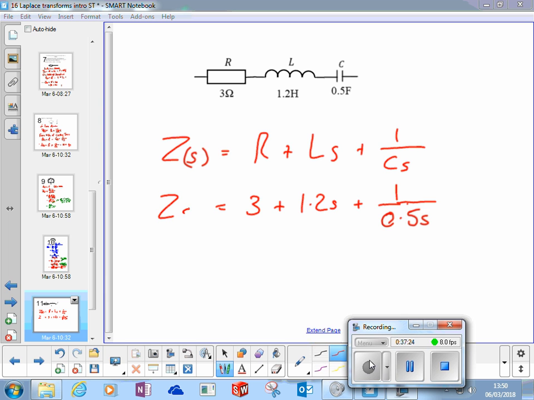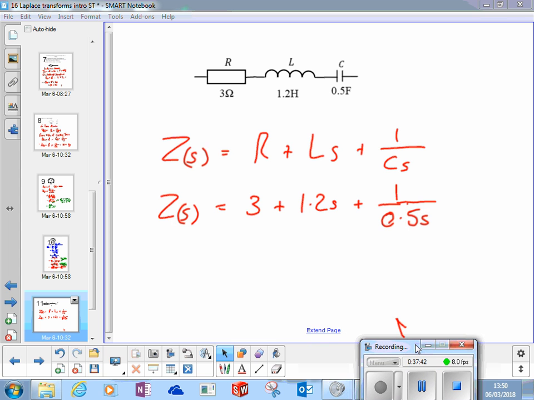Can you see any immediate simplification that you could do? Quite a lively class this afternoon.